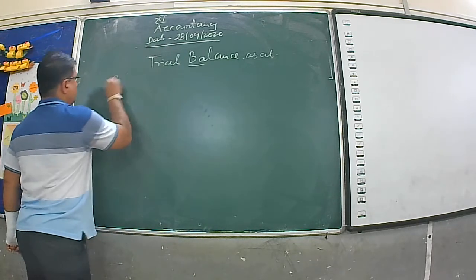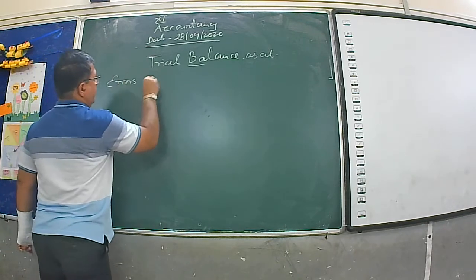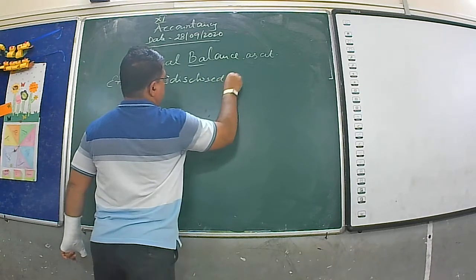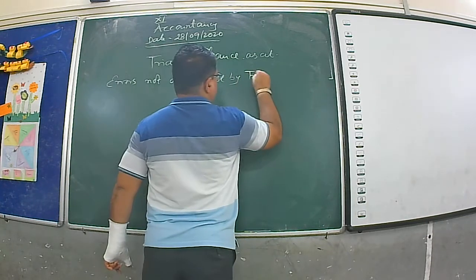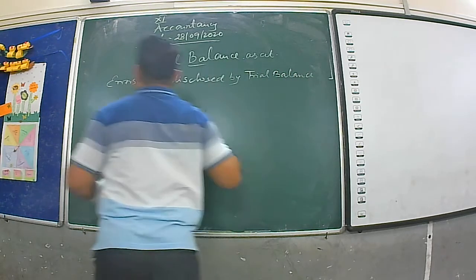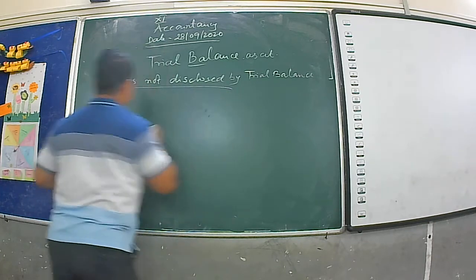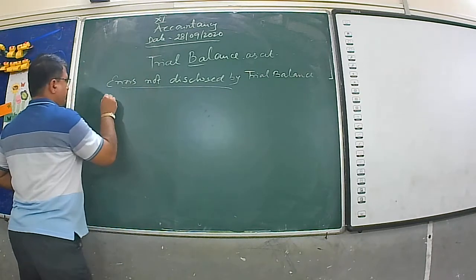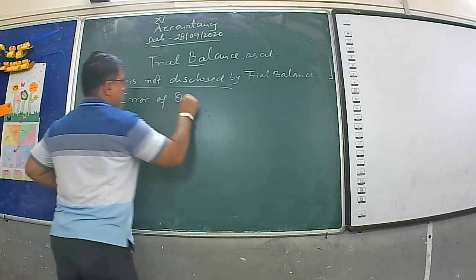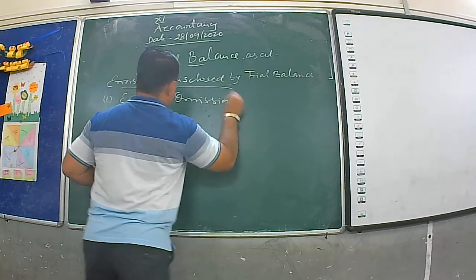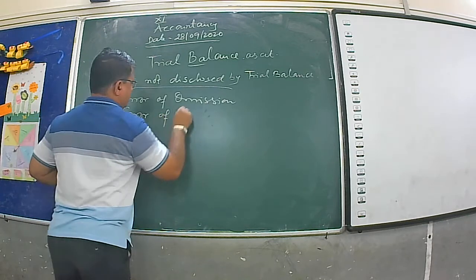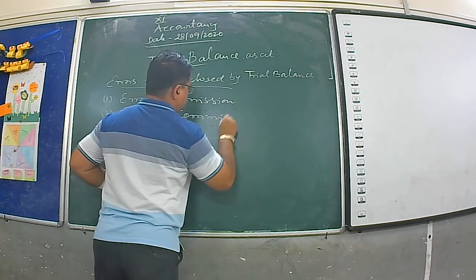Errors not disclosed by trial balance. These are the following. Number one, error of omission. Two, error of commission.